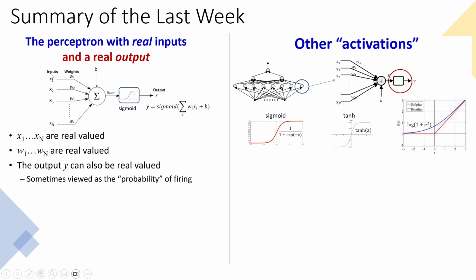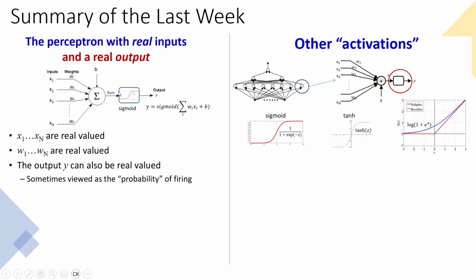So we can take real value inputs, the weights are real values as well, the bias is a real value as well, and by using this activation function we can have a real value output as well. That was the mathematical representation of a neuron. Okay, we fire a probability with this kind of architecture.